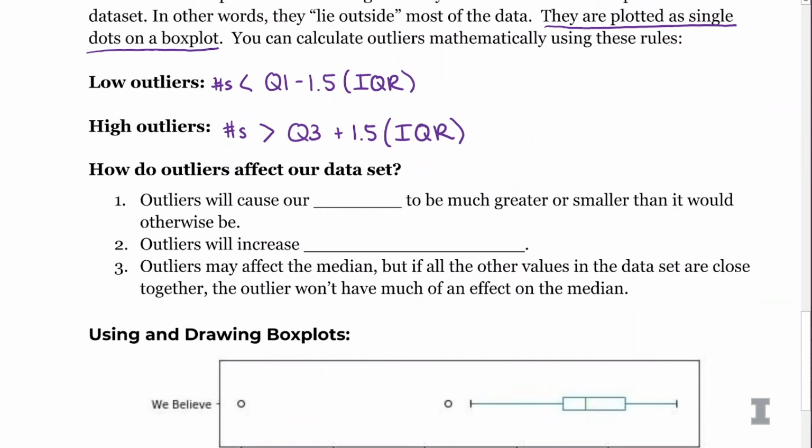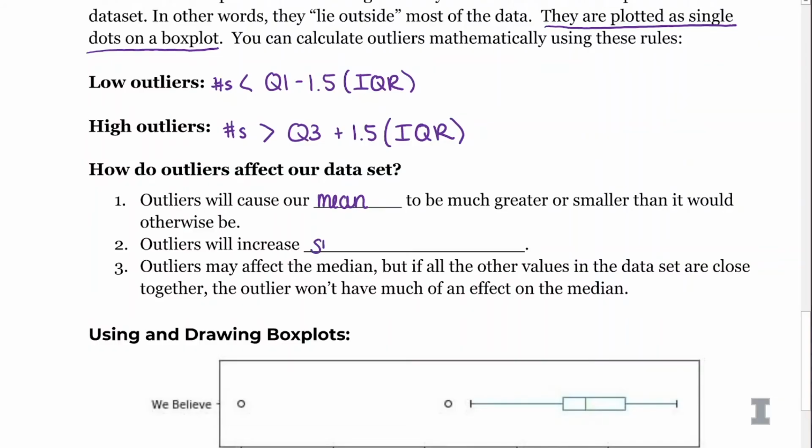The next question is, how do these outliers affect our data set? Why do we care about outliers? We know that outliers are going to cause our mean specifically to be much greater or smaller than it would be. We have talked about how mean and median can be affected by extreme outliers. Mean specifically is affected by extreme outliers. Medians not so much.